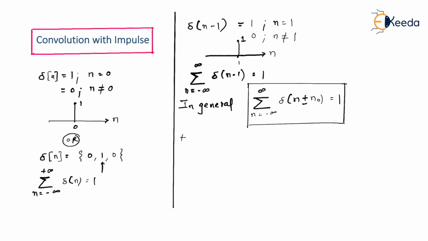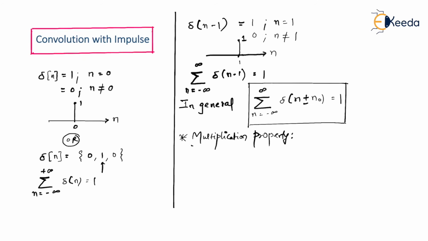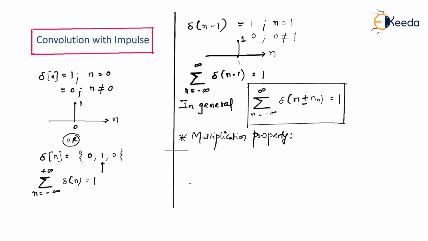Also, we have seen a multiplication property. So according to multiplication property, we have seen that whenever x of n is multiplied with del of n, it is always x of 0 dot del of n, because del of n is present only at n equal to 0.